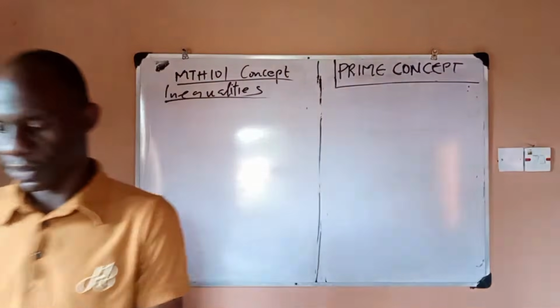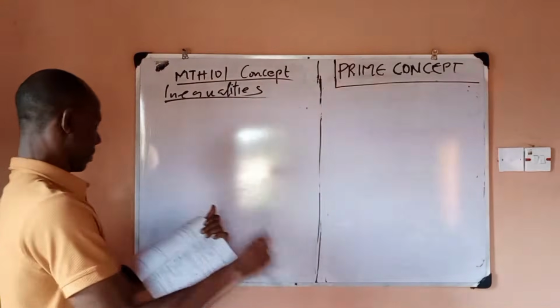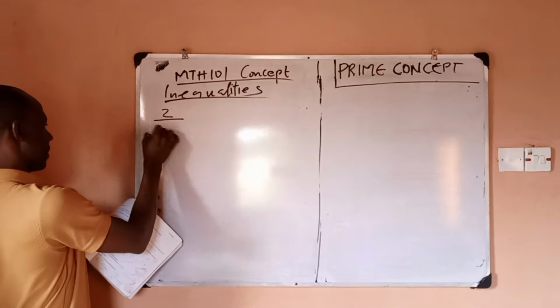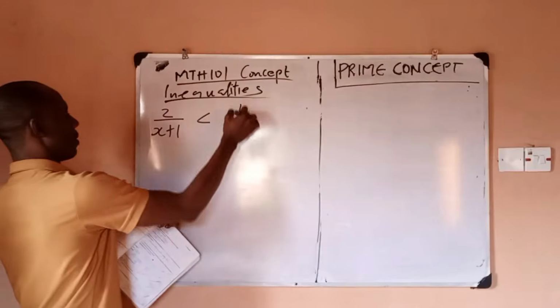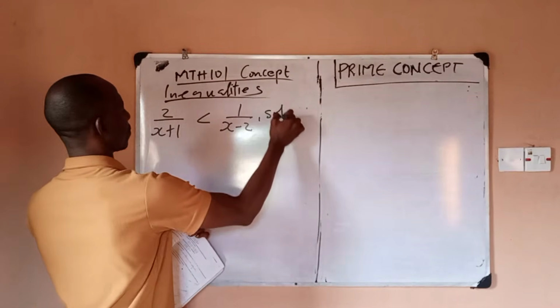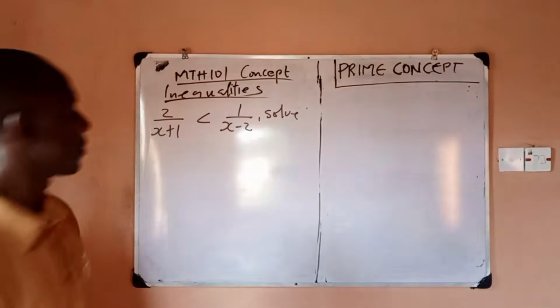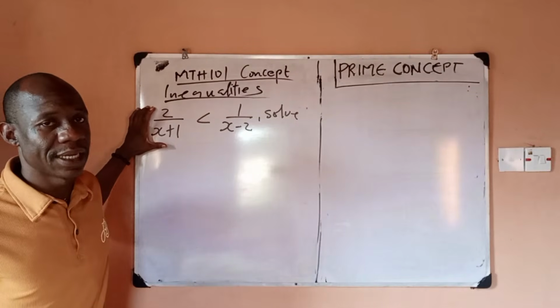So say we have this problem. We have 2 over x plus 1 less than 1 over x minus 2. Solve. So they want us to solve this. Now, I hope you agree with me that this is a rational inequality.